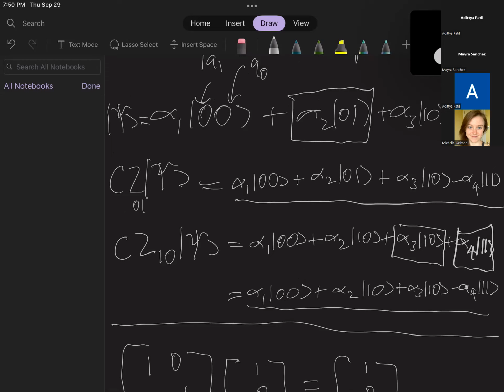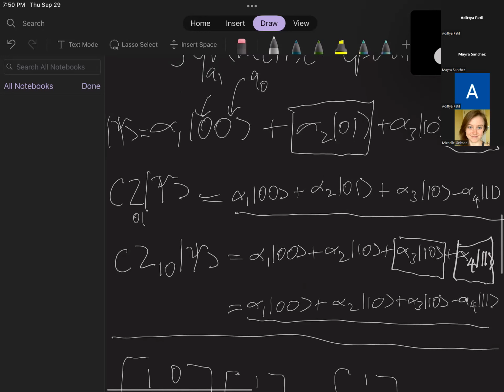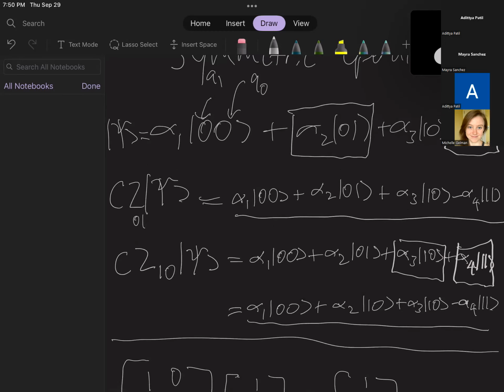And why, on the second one as well, is alpha 2 1, 0 instead of 0? Thank you for the correction. For the second thing, because we're referencing 1, 0, it's the same thing for alpha 2 on this one.